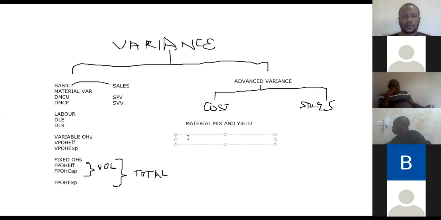So under cost, we still have operational and planning. And under our operational and planning variances, under our cost variances, we'll have material, and then labor and overheads too.